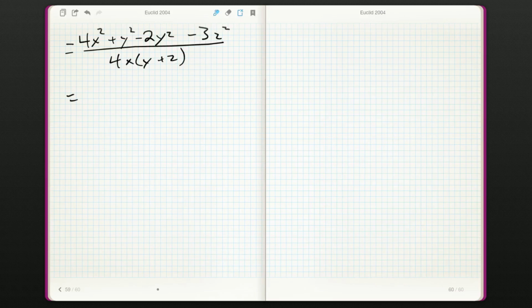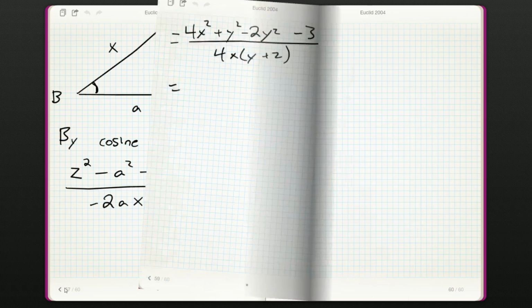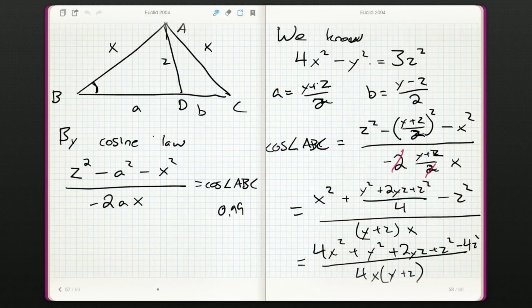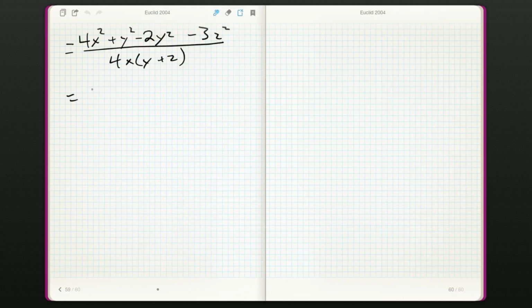And then negative z squared. Negative 3z squared would be y squared minus 4xy. So that would be plus y squared minus 4x squared. 4x.